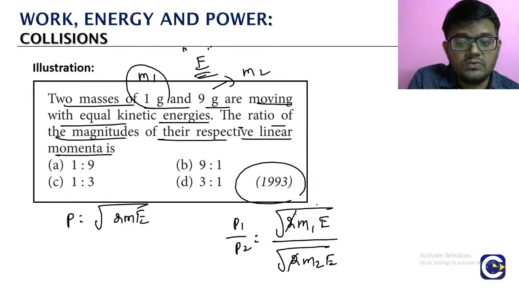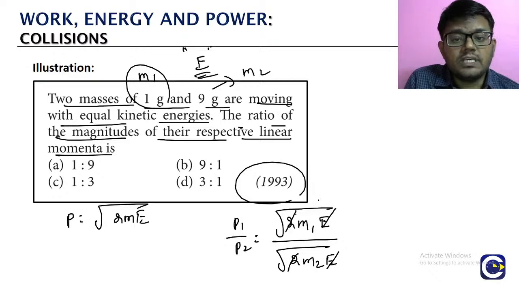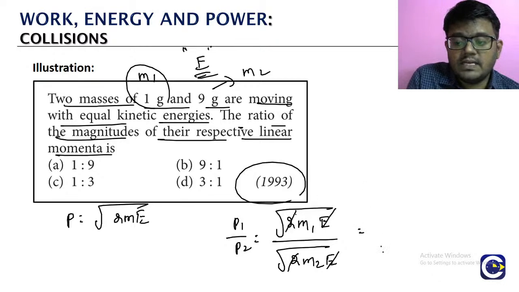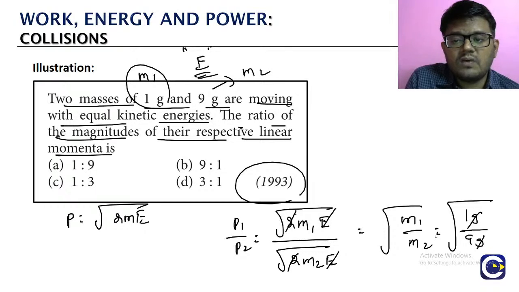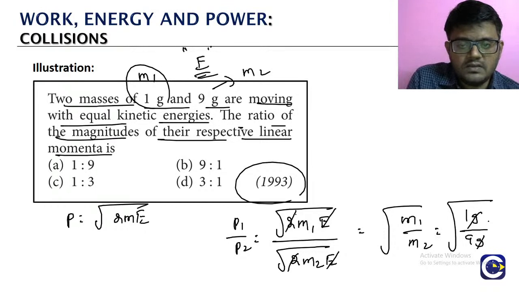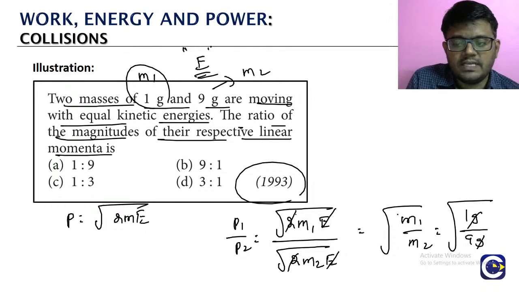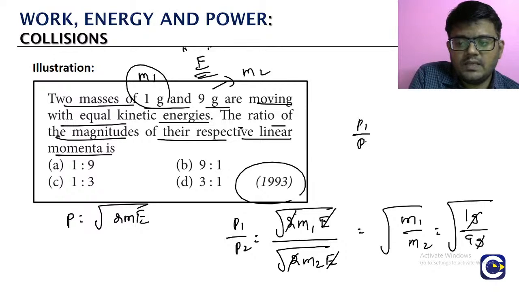The root does not cancel. Root 2 cancels, and then root E can be cancelled. So what remains is root of m1 by m2. m1 is 1 gram, m2 is 9 grams, and grams cancel. Root of 1 by 9 is 1 by 3, since root 9 is 3. So p1 by p2 is 1 by 3.